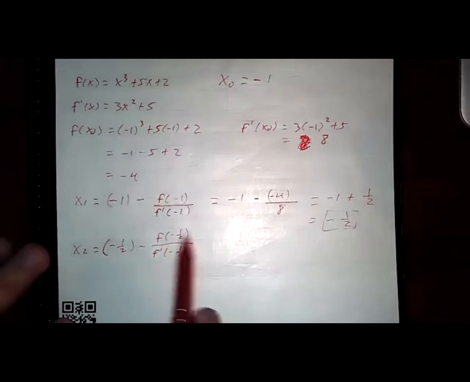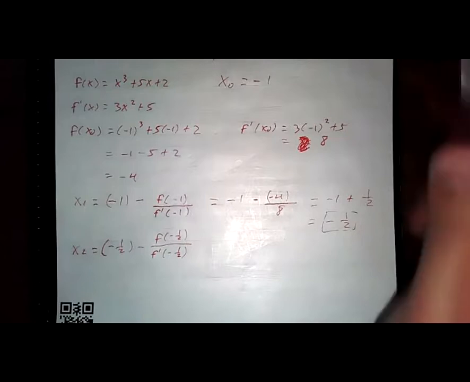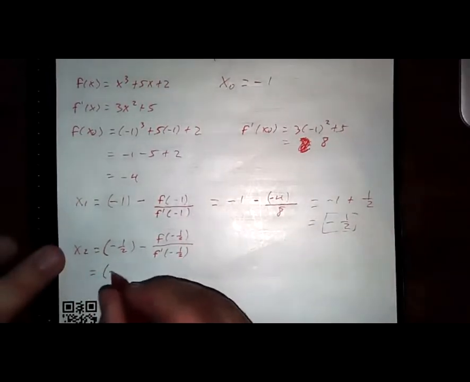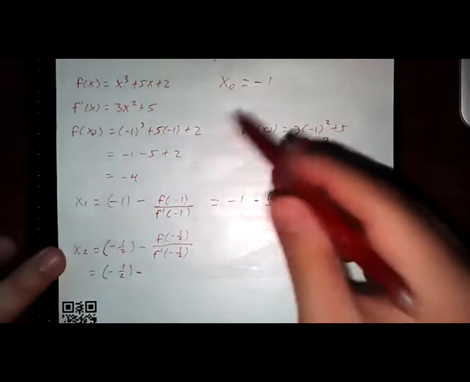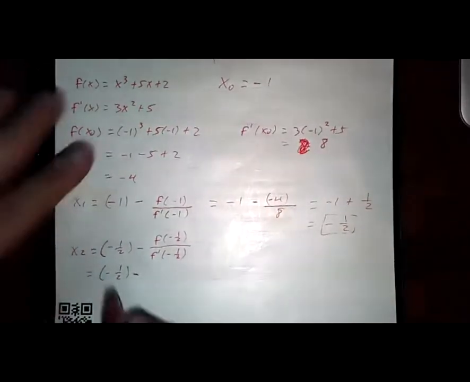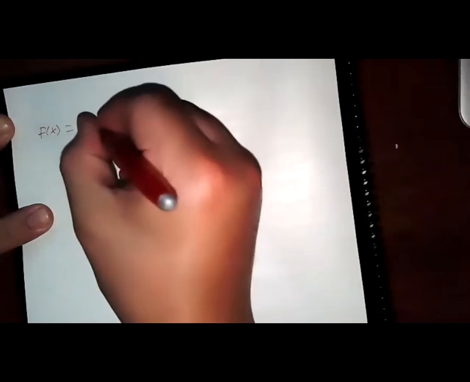So you have to find these guys. Since I'm out of space, I wanted to do it like this again, but I'm low on space now. So -1/2 minus, so plug -1/2 into the original function. Let me make some space here. I'll just turn the page. f was x cubed plus 5x plus 2.